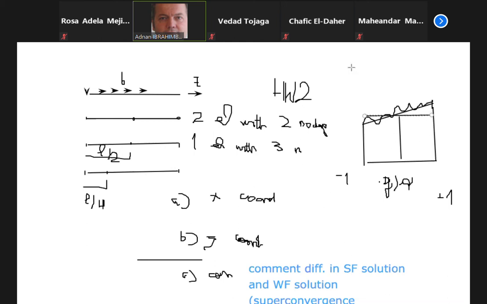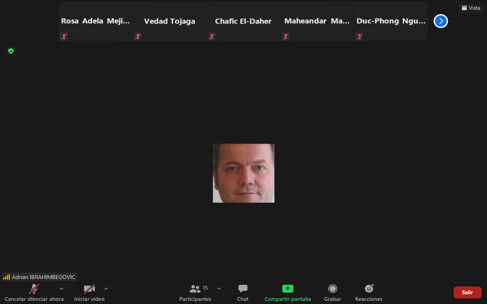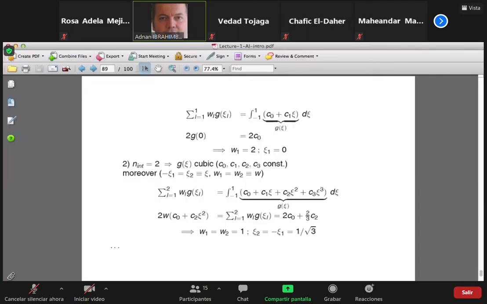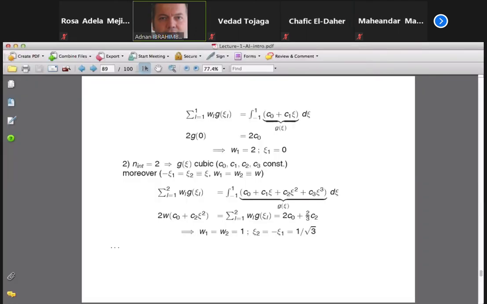So basically, if I go back to this one, I will simply obtain that the abscissa is equal to 0, and the weighting factor should be equal to 2. So you take the integral that I have to compute, I multiply by 2.